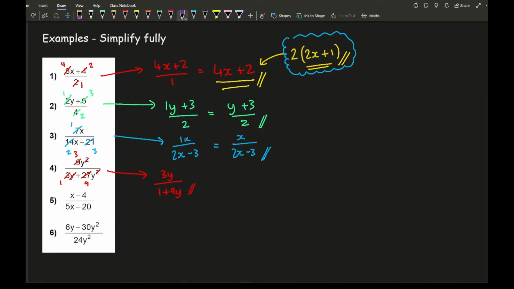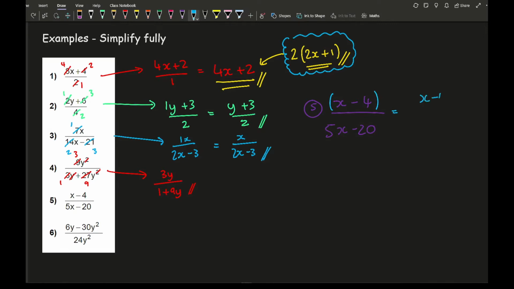And moving on to question 5, which I'm just going to do over here. I've got x minus 4 over 5x minus 20. Now again, not all the terms have got numbers and not all the terms have got letters, so I can't cancel it down straight away. So what I'm going to do is treat the numerator and the denominator as separate expressions. I can't simplify the numerator because that's just x minus 4, but I can factorize the bottom.